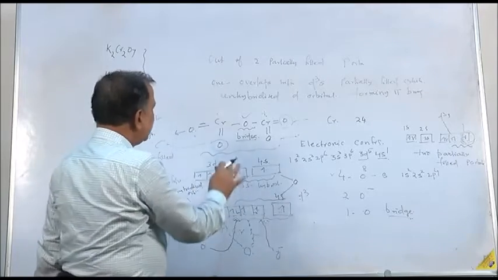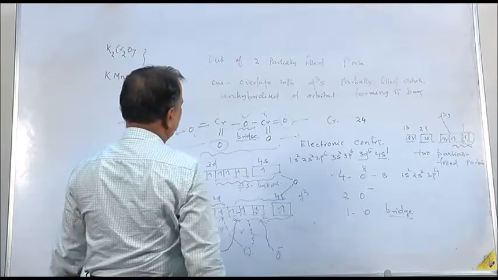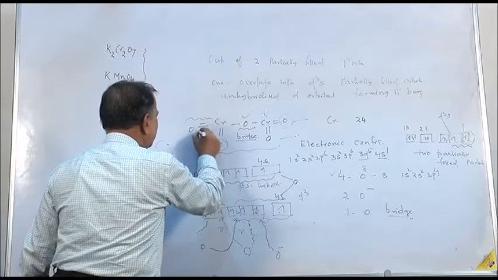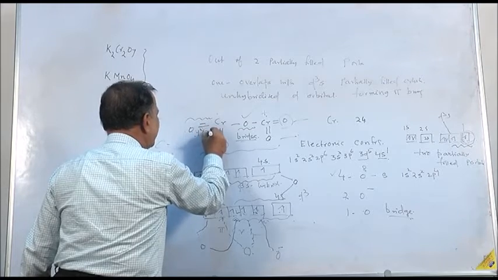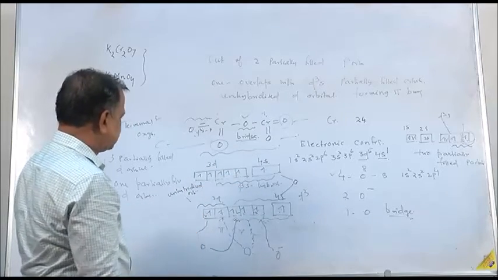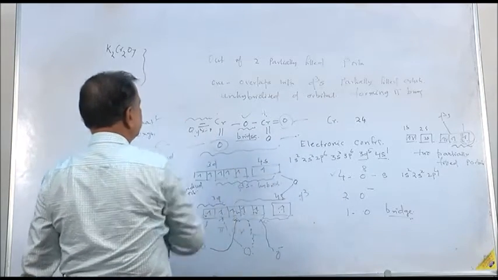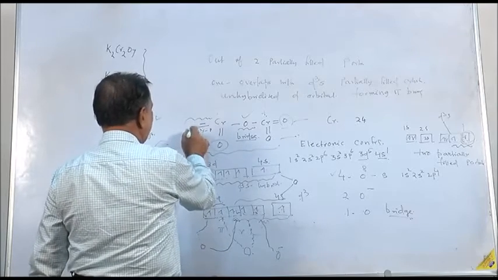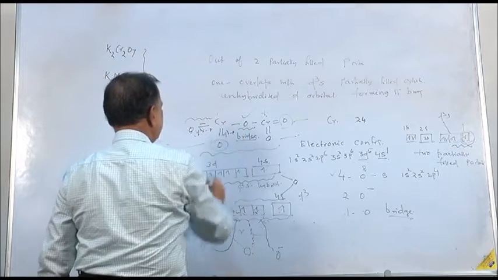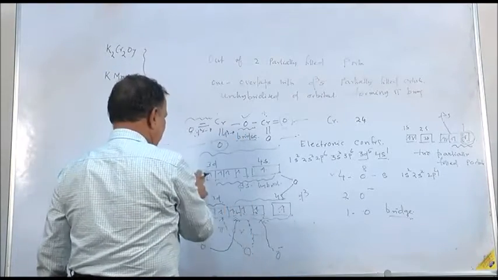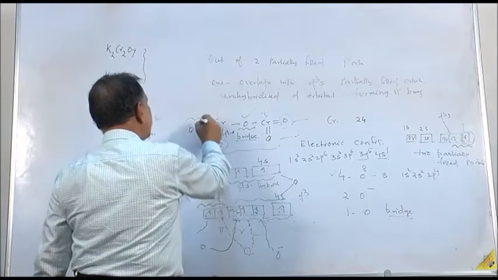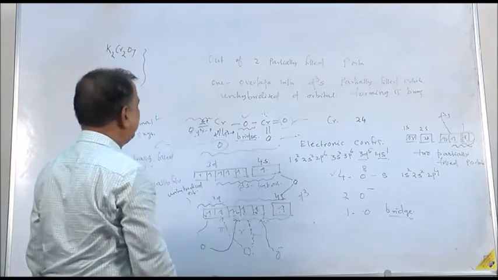So this is the structure of potassium dichromate. This sigma bond is d3s with p, the d3s hybrid orbital with the p orbital of oxygen. Similarly, this is d3s with the p orbital of oxygen, and this is the overlap of the unhybridized d orbital with p, the dp pi bond.